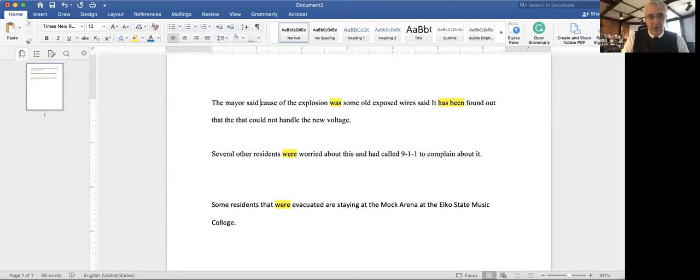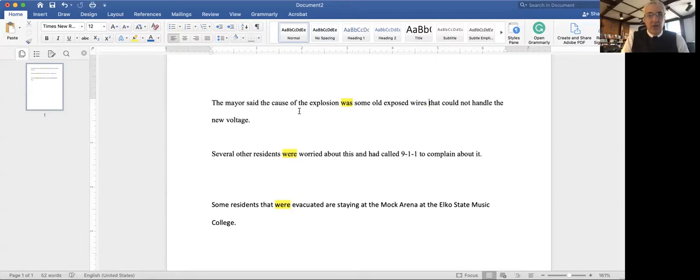The mayor said the cause of the explosion was some old wires. And I'm going to get rid of that to-be verb form. And I've got this: the mayor said the cause of the explosion was some old wires that could not handle the new voltage. So I got rid of one of the to-be verb forms, and I have the subject now up toward the front of the sentence.